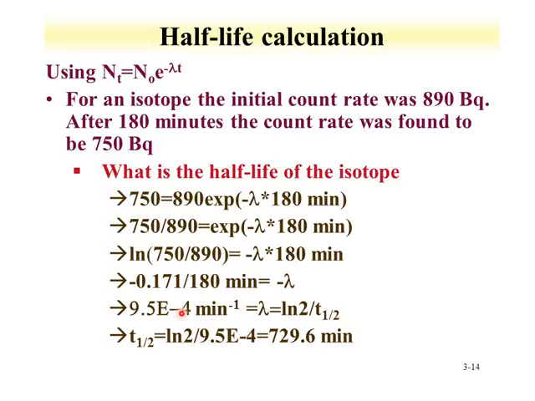We get the decay constant. Log 2 divided by the half-life is the decay constant. We solve here, and we see that the half-life, based upon this measurement, is 729.6 minutes.